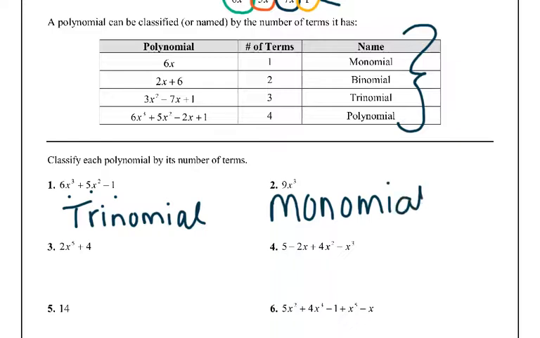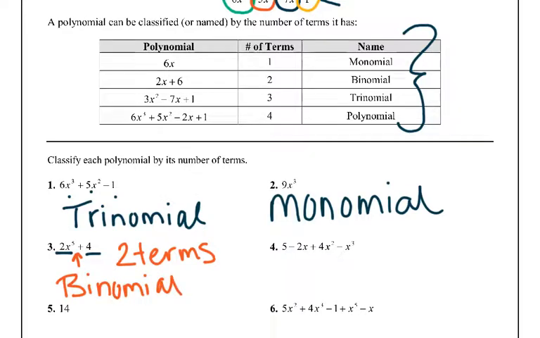That's one other thing for you guys to know: each term is separated by addition or subtraction, which tells you how many terms there are going to be. In this case, you have 2x to the fifth plus 4. That addition sign separates the 2 terms, which tells me I have 2 terms here, which means I have a binomial.